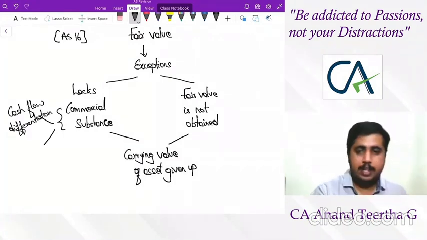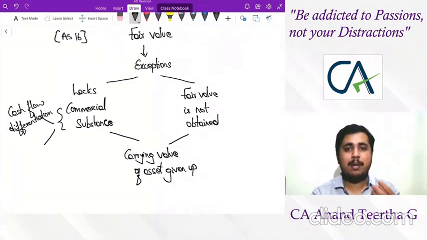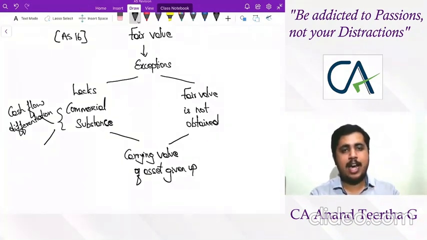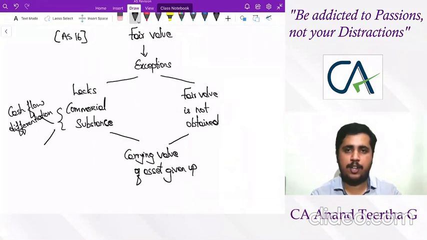Now, the cash flow of the given up asset and the cash flow of the received asset are different. If it is the same, then there is no commercial substance as such. So the indicator of commercial substance: the received asset and the given up asset have two different cash flows.